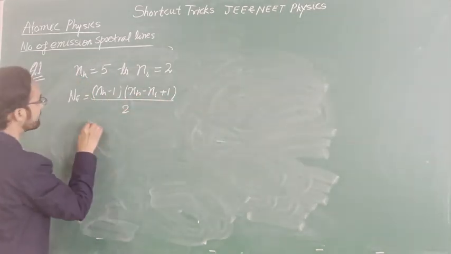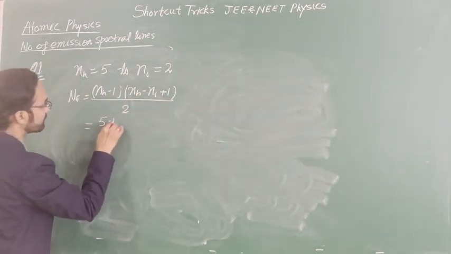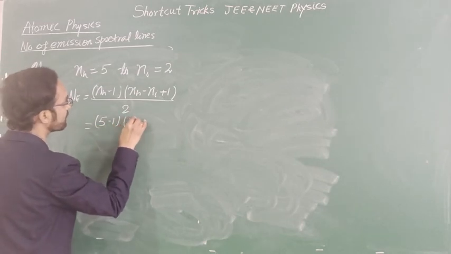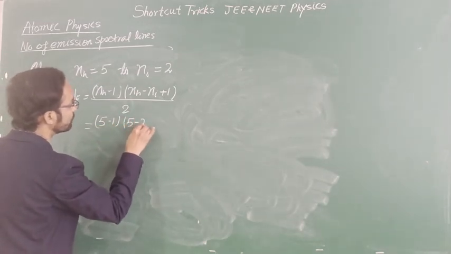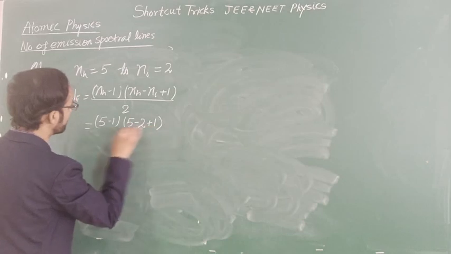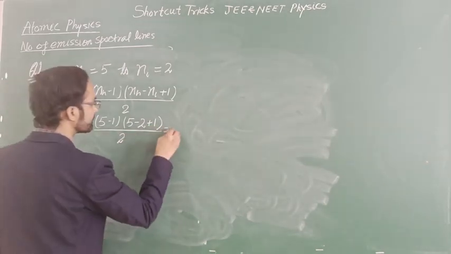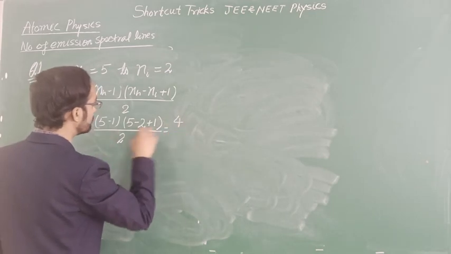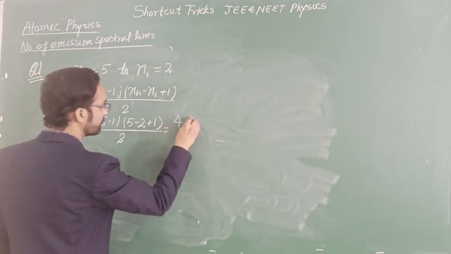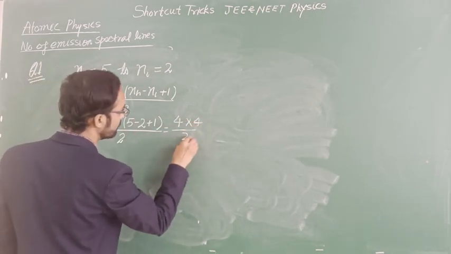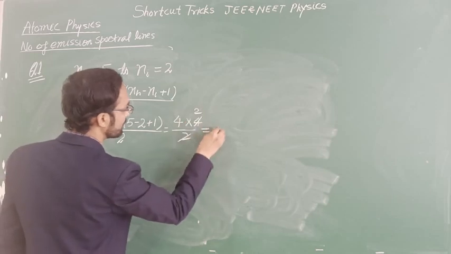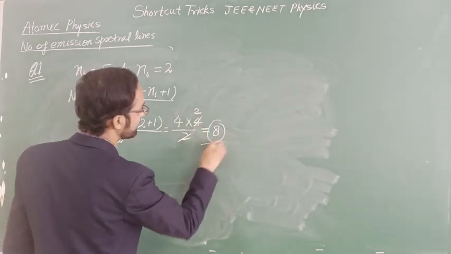So put here nH is 5: (5 minus 1) into (5 minus 2 plus 1) upon 2. So this will be how much? 4 into 4 upon 2. So the number of spectral lines will be 8.